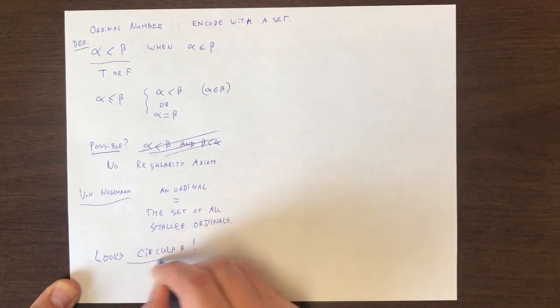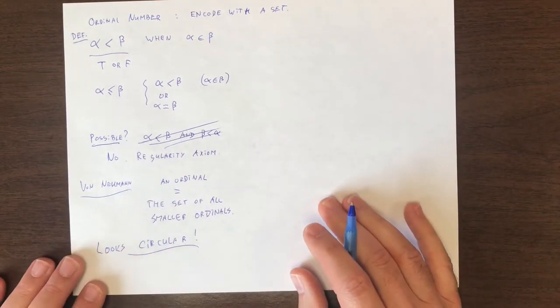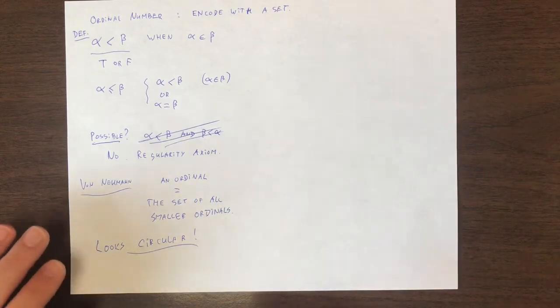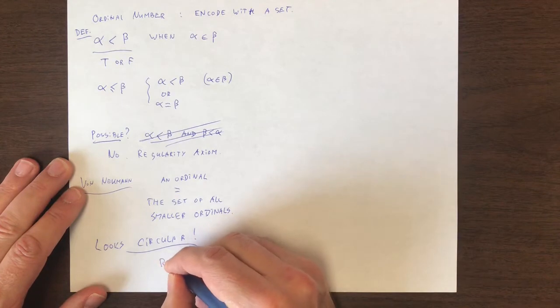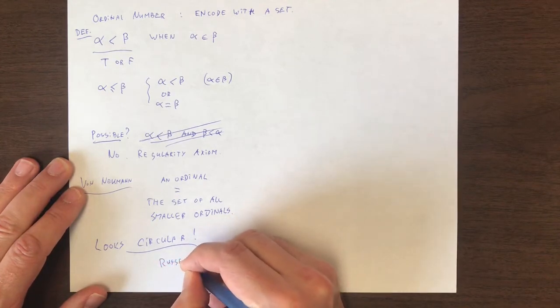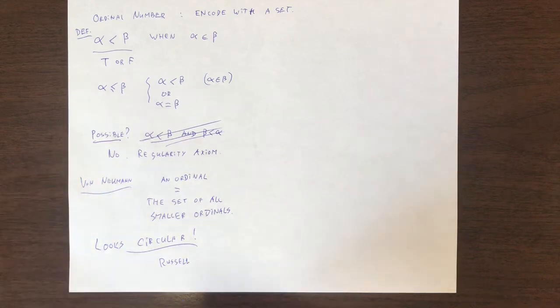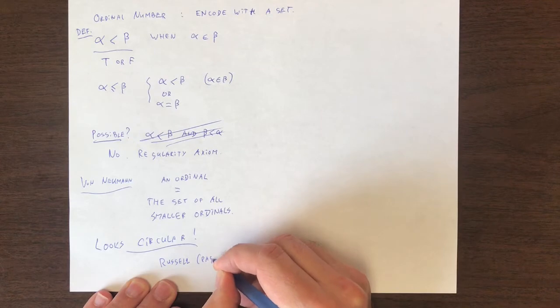And remember, why are circular definitions forbidden? Because if you allow circular definitions, you get a huge number of contradictions. So for example, Russell's paradox. If you forgot what that is, you can find it on page 30.